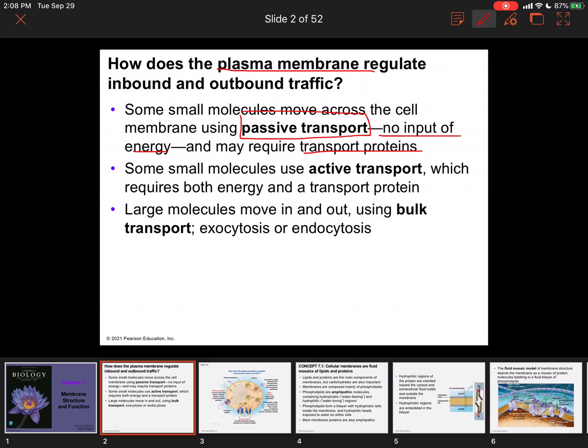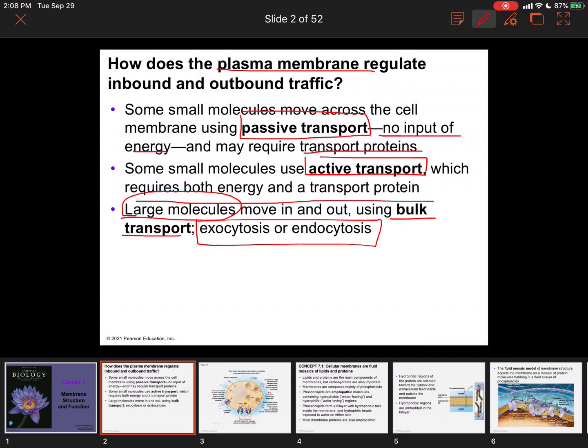Some molecules use what we call active transport, and those are going to require energy and a transport protein in order to do that. Large molecules will have to move in and out using bulk transport, and we've got two types of bulk transport: endo and exocytosis, and both of those will require energy from the cell also.